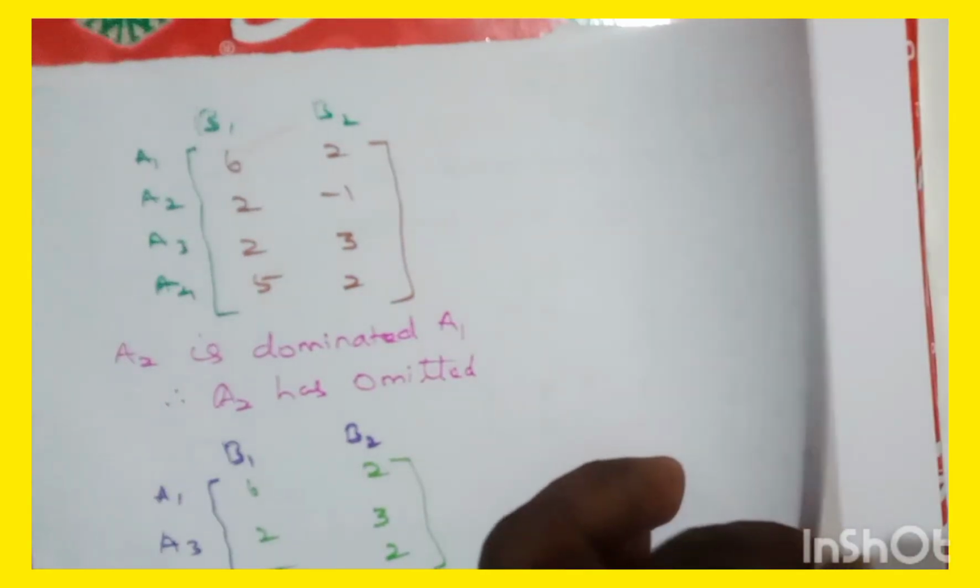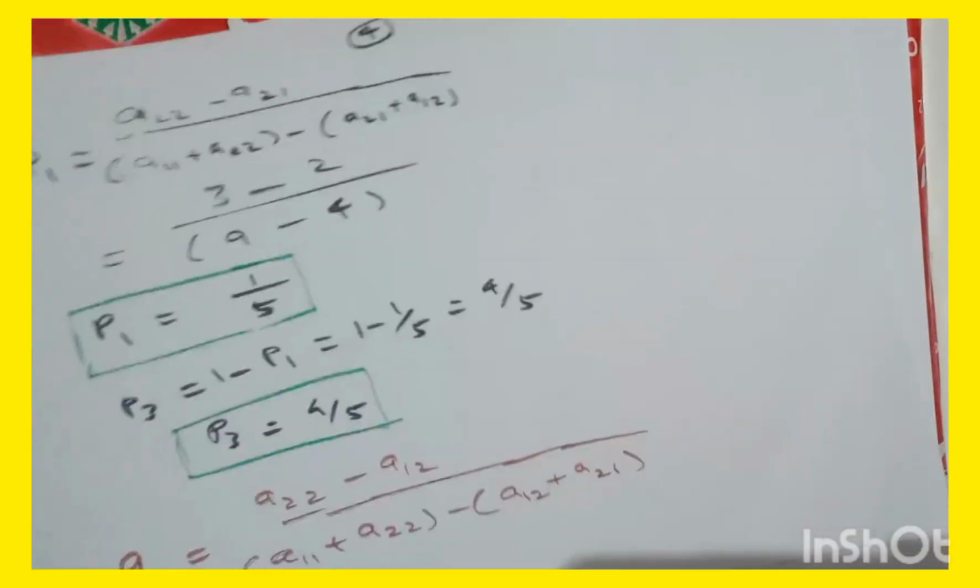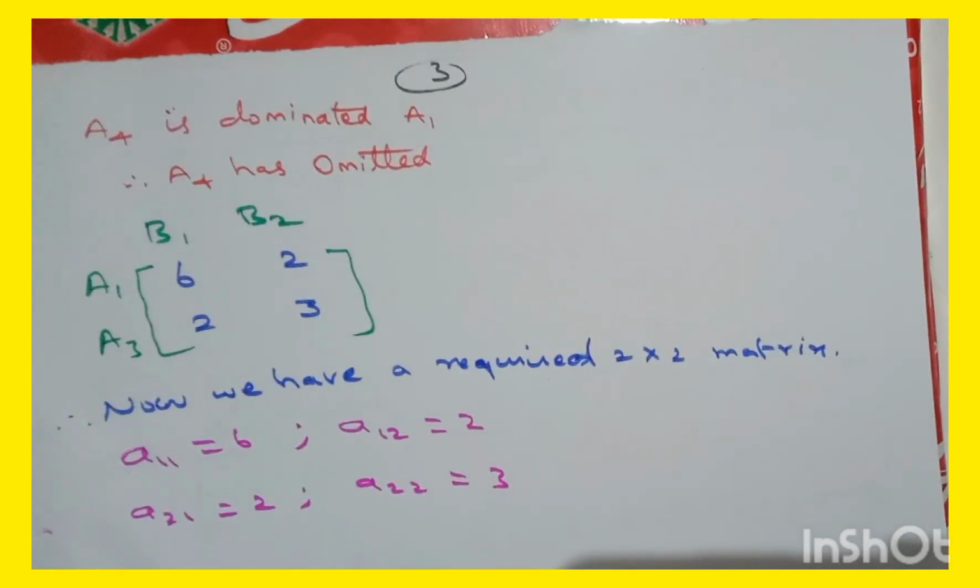Now do the process until we get 2 by 2. Next, A4 is dominated by A1, so A4 is omitted. So the resultant matrix is B1, B2 and A1, A3. There are 4 values only. This is the required 2 by 2 matrix.